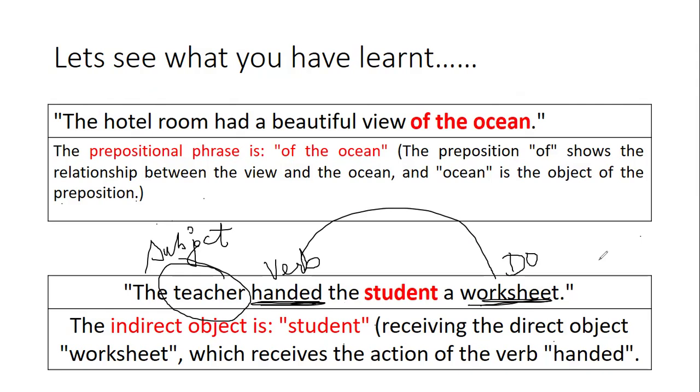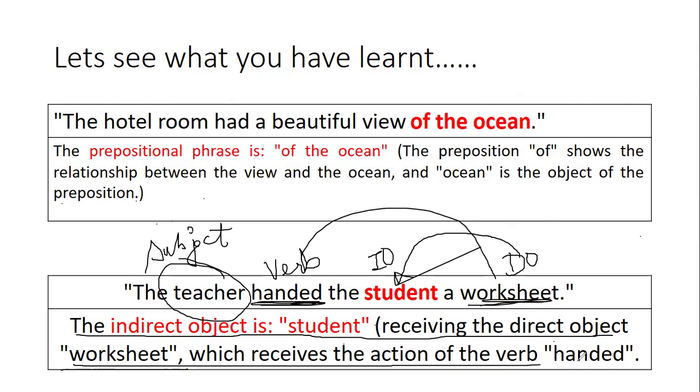And to whom did she hand over the worksheet? She handed it over to a student. So our indirect object is student, which is receiving the direct object worksheet, and worksheet is receiving the action of the verb handed. It's very, very easy.